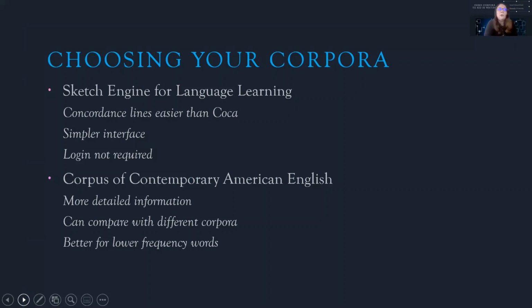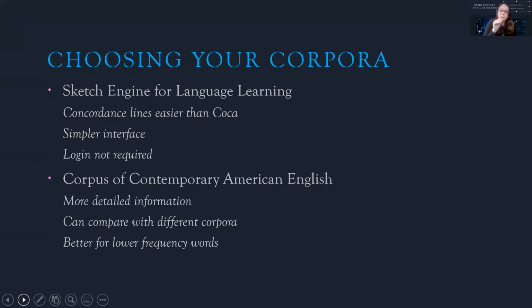The good thing about COCA, the Corpus of Contemporary American English, is that you can get more detailed information and you can compare it with different corpora. You can compare it with the BNC as well if you want to see the difference between American English and British English. There are many different corpora on englishcorpora.org.